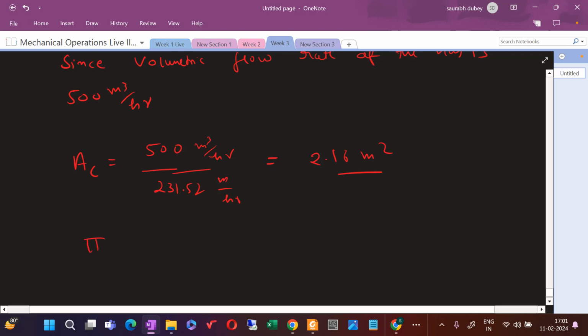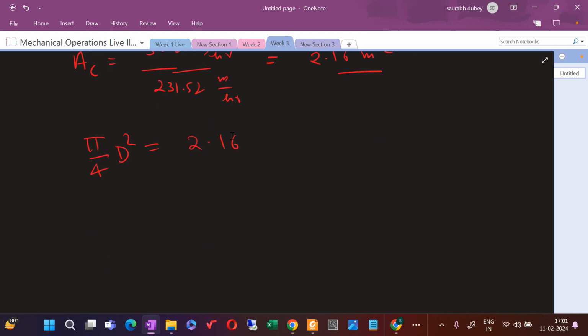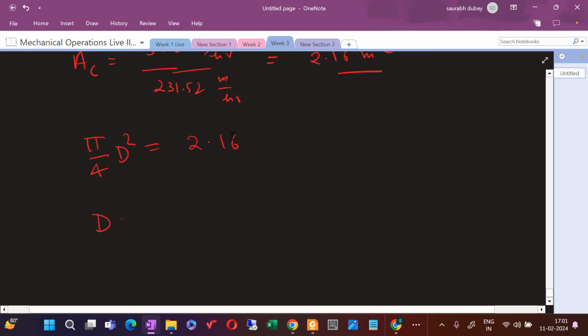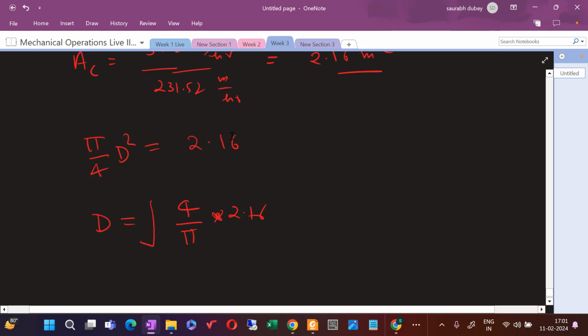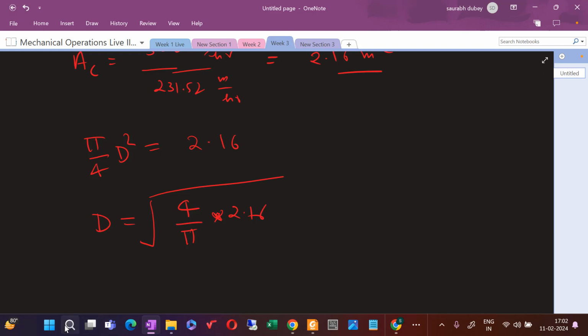Pi by 4 d square equals 2.16. From here, d equals the square root of 4 divided by pi into 2.16.